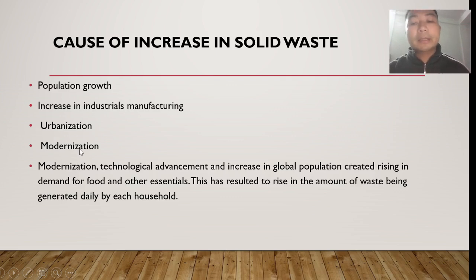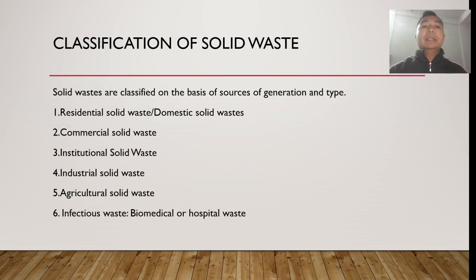Urbanization and modernization are some of the other factors that lead to the increase of solid waste. There are many sources where solid waste can be generated: domestic or residential areas, commercial solid waste from towns and commercial areas, and institutional waste from schools, colleges, or governmental departments.